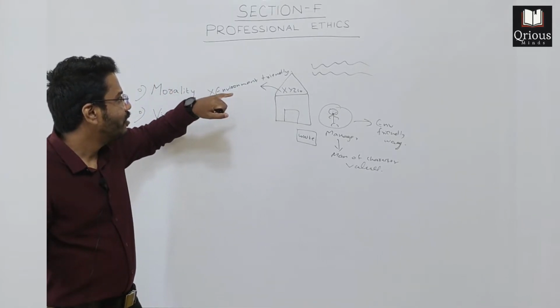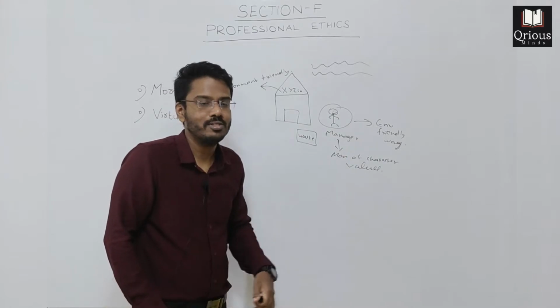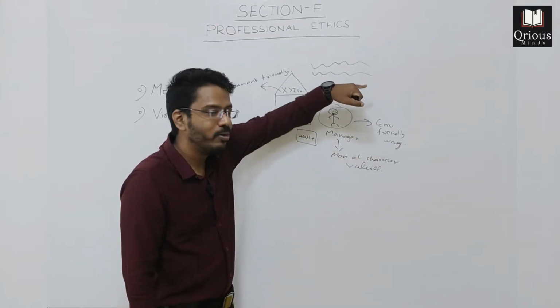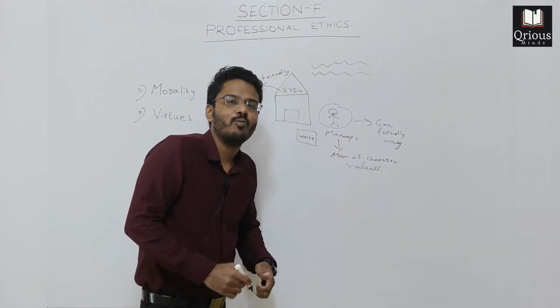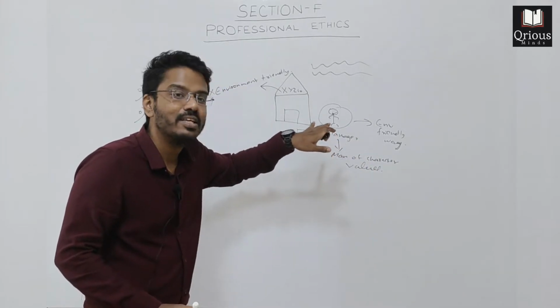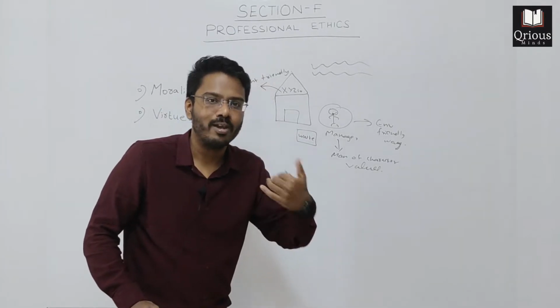Even though the organization didn't care how he disposed of the waste, he chose not to dump the waste into the lake but to dispose of it in an environment friendly way, which shows that this manager is a man of character, a man of values.